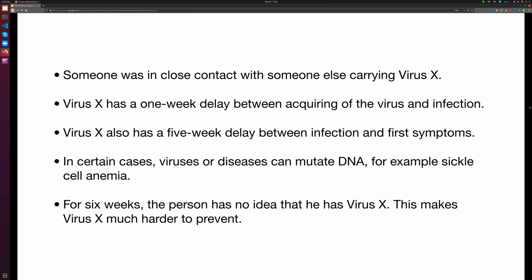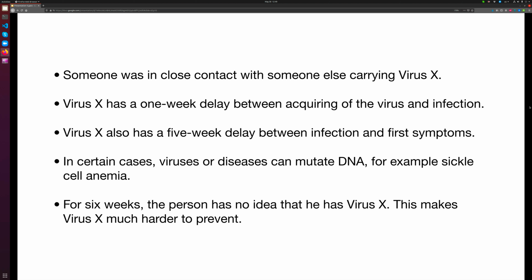Once a virus enters the cell, it can hijack the cell machinery, and normally it would replicate its own DNA, but in certain cases its own DNA could mutate certain spots of the already existing host cell DNA. But most of the time, this doesn't happen with viruses.